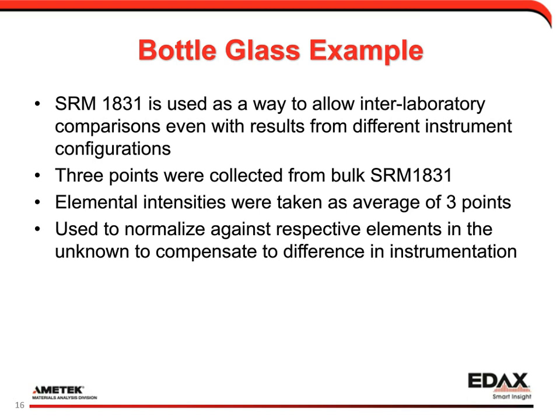3 points are collected off of the infinitely thick plate, the bulk SRM 1831 standard. Those 3 points are averaged, and that averaged intensity was used to normalize the respective elements in the raw data from the unknown samples.